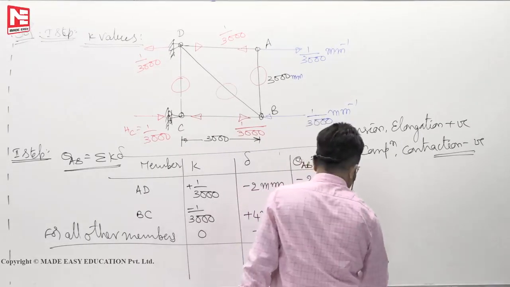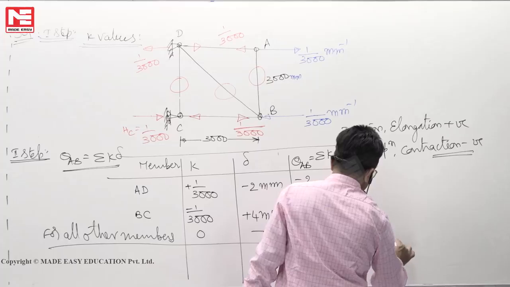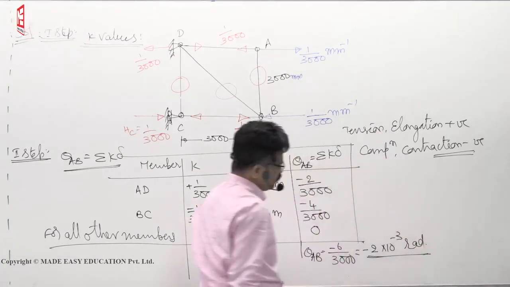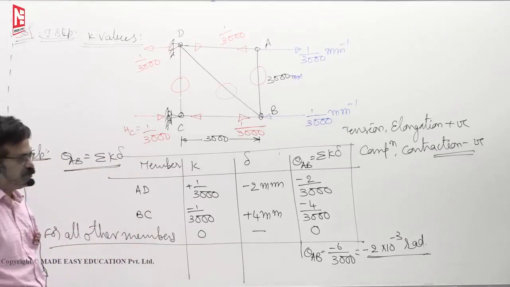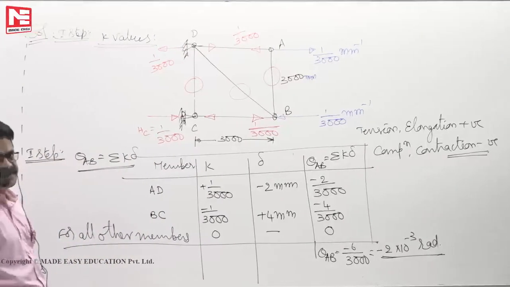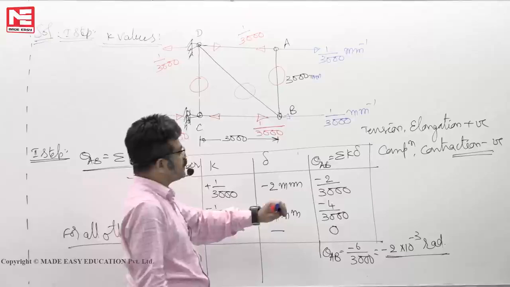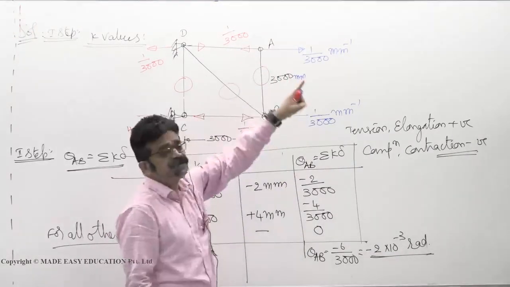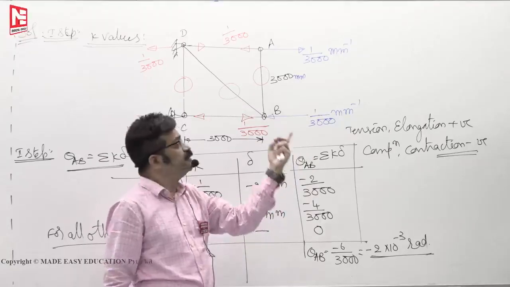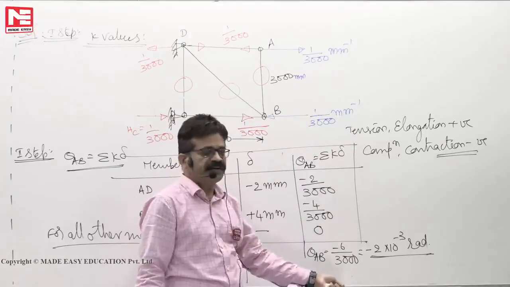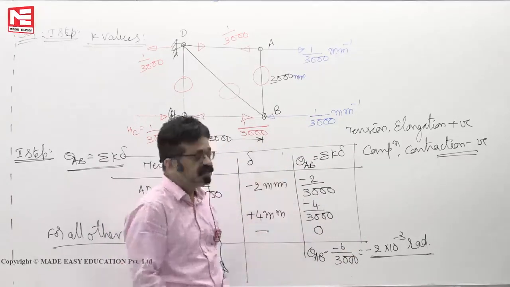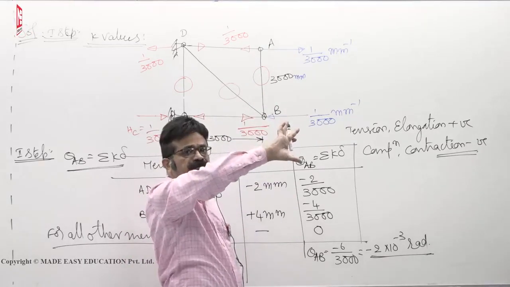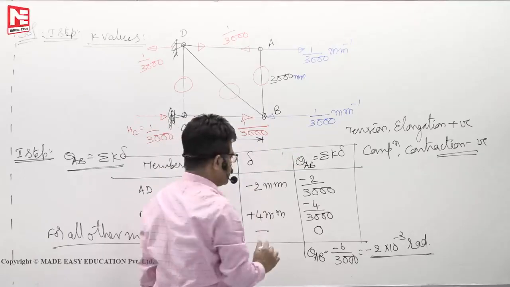This you can write as minus 2 into 10 to the power of minus 3 radian. So one of the options will be 2 into 10 to the power of minus 3. Now you got minus. The implied meaning of minus is you didn't know beforehand whether the member AB rotates clockwise or anti-clockwise. You assumed clockwise rotation and solved it. Negative you got. That means the AB member will not rotate clockwise, but opposite to the couple. Anti-clockwise it will rotate.